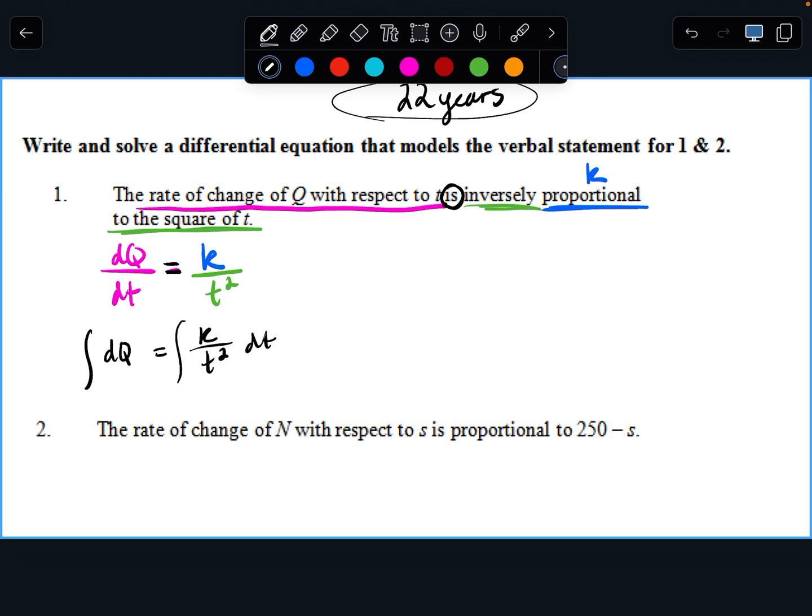I'm going to keep the K with all the T junk, and then I'm going to integrate it so I get Q equals... Wait. Okay, so T's the variable because it's dt. So what would that be? Oh, it's T on the denominator. Dang it. So that's like T to the negative 2, right? So that'd be negative K over T, and then plus C, whatever it is. And there it is. It's like no numbers. That's how you know it's a good one.